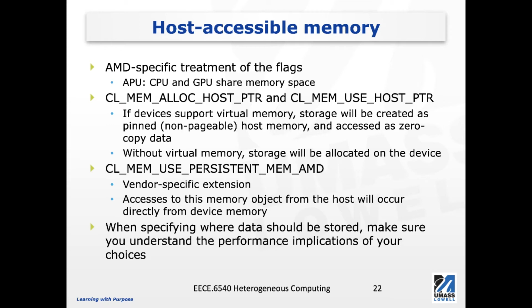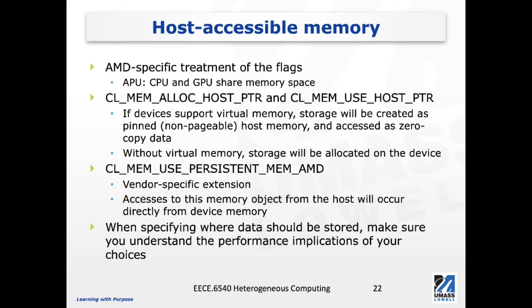Host accessible memory has a very interesting implication. Let's say, for example, AMD specific treatment of these flags, they leverage APUs, which is a tightly integrated CPU and GPU architecture. These two processors share memory space.